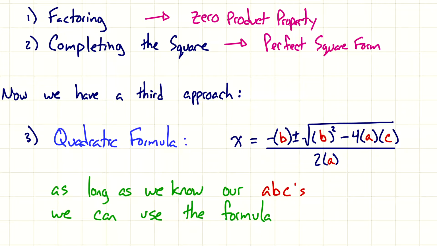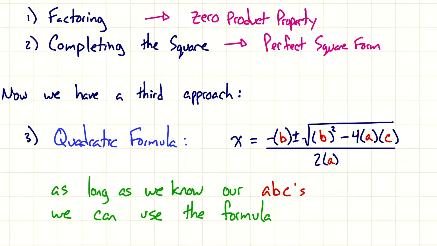In this case, we have a negative b. I've put parentheses around these as placeholders, but for the most part, if you see this formula anywhere else, most likely you won't see it with parentheses. But I think it helps when we solve it.